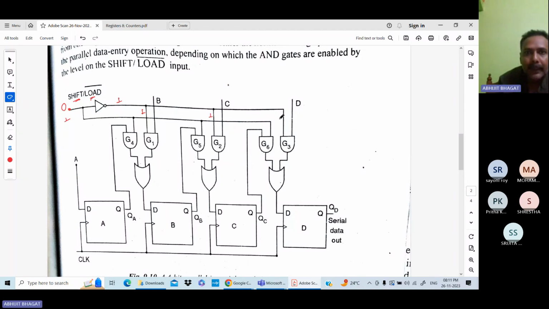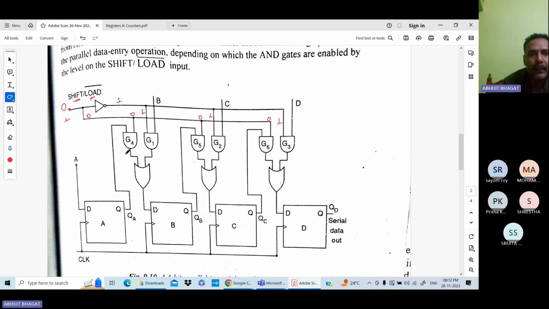And this gate, here it is 1. Okay. And when it is 0, माने here it is 0. Here it is 0. At this point it is 0. At this point it is 0. Clear?